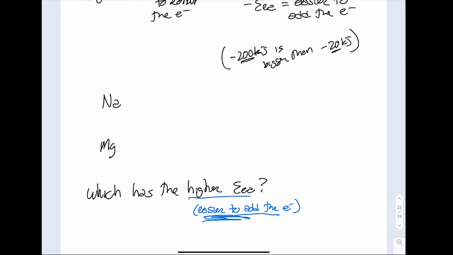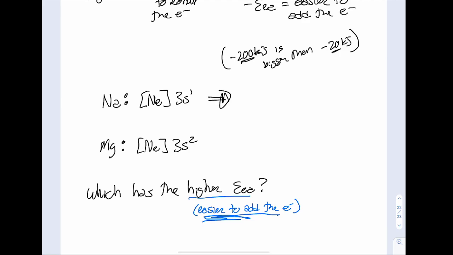So I'm going to draw my electron configurations. I'm going to use my noble gas shortcut. So I have neon 3s1, neon 3s2. And then we're adding an electron. So I'm going to sodium with a negative charge, neon 3s2, right?